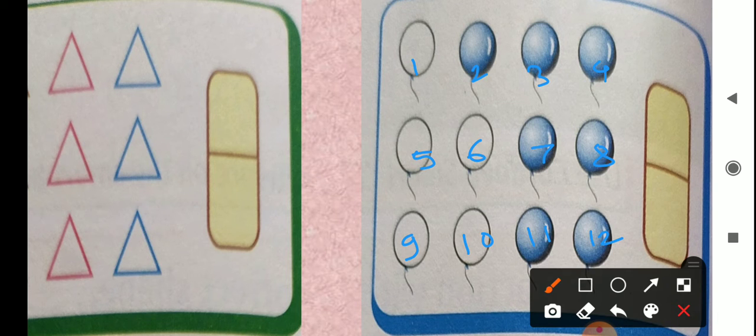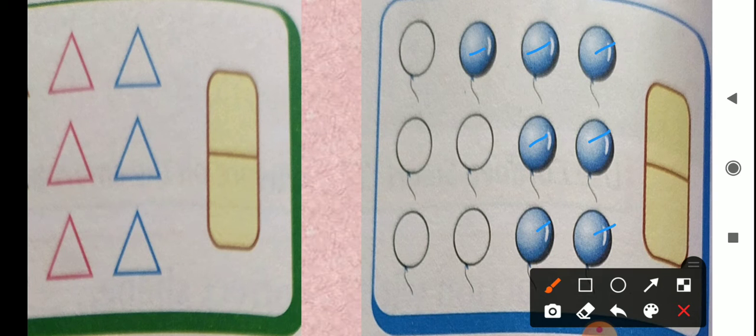So the total number of balloons is 12. From that, how many balloons are shaded? Look here: 1, 2, 3, 4, 5, 6, 7.